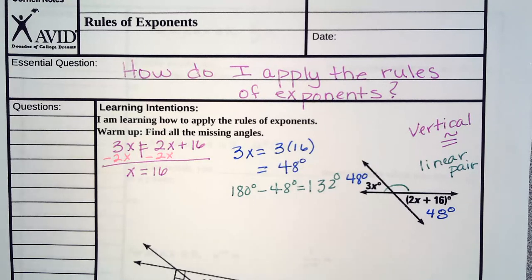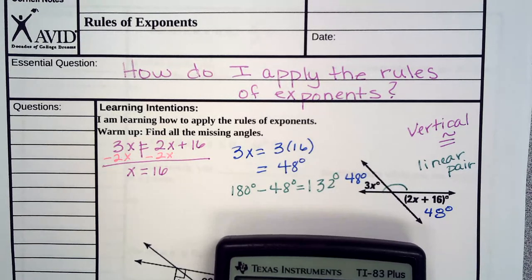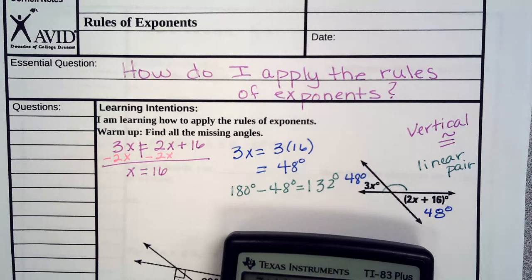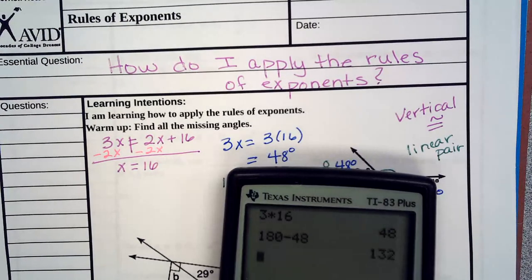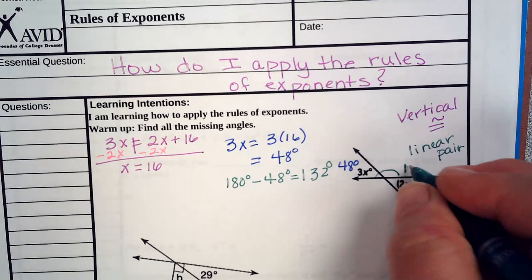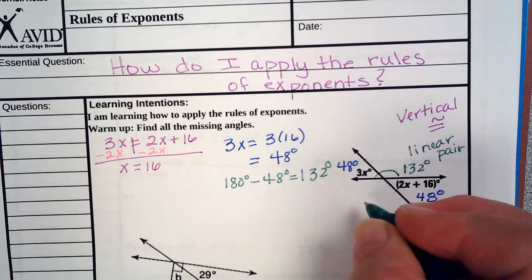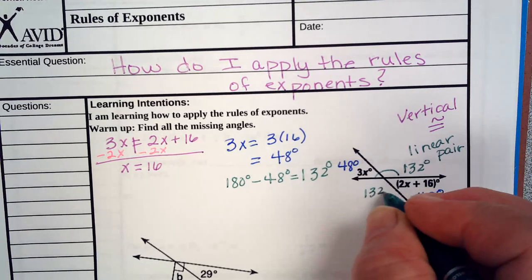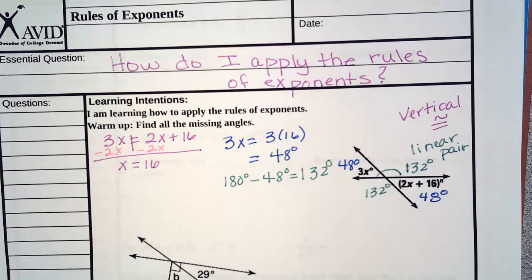Once again, make sure you check your math. 132 is correct. So, that wasn't very hard at all to find all of those missing angles.